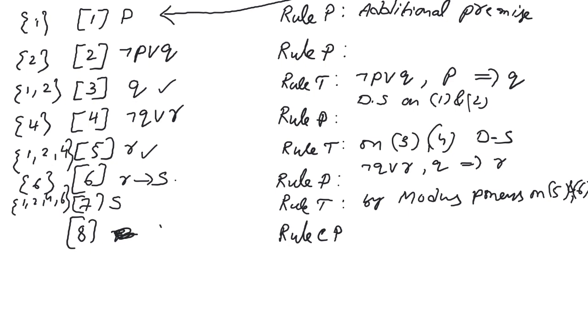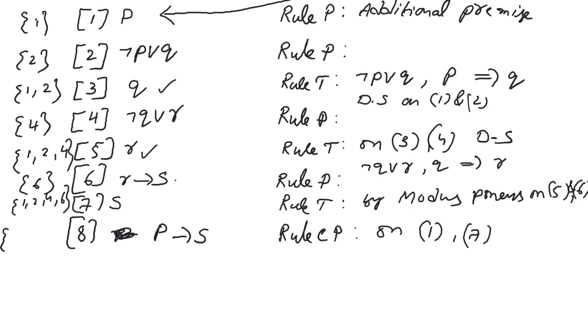By rule CP, because I started my discussion with an additional premise P, by assuming P as an additional premise and after using all these premises, I got S as conclusion, which means P conditional S. The conclusion P conditional S follows from rule CP on steps one and seven. The eighth step is the logical consequence of steps one and seven.